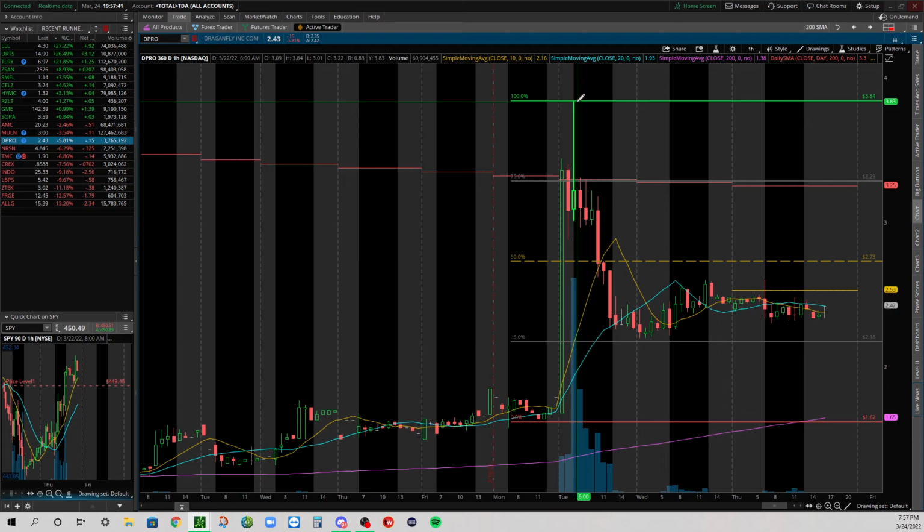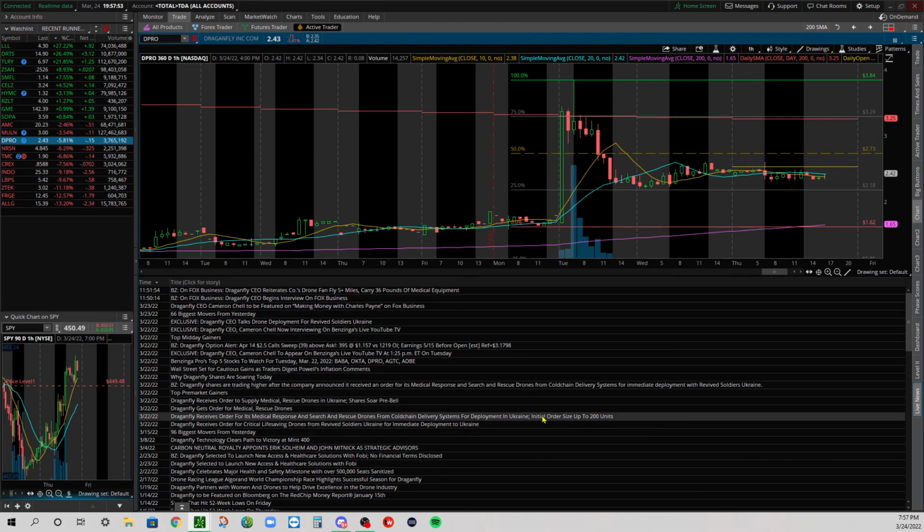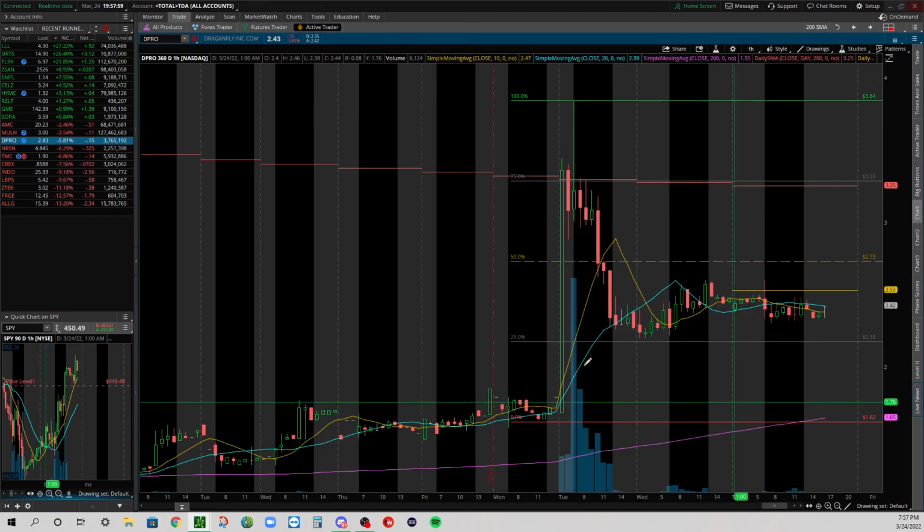The market cap right now is 78.1 million. And based on the drone orders, I think it was only a couple million or something like that. But they basically tripled their company valuation based on that news.